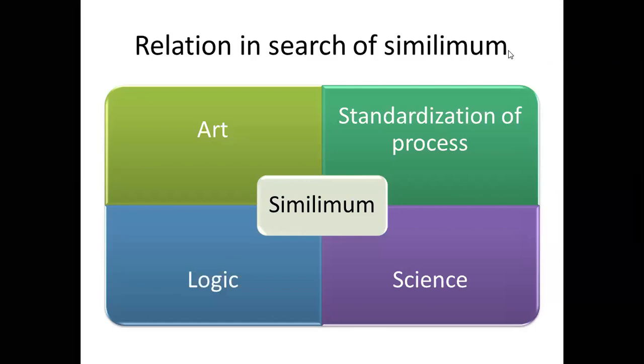Some say that the search of the similimum is a science. Somebody says that the search of the similimum is possible only by applying certain logic, and there were no standardized procedures for the search of the similimum.